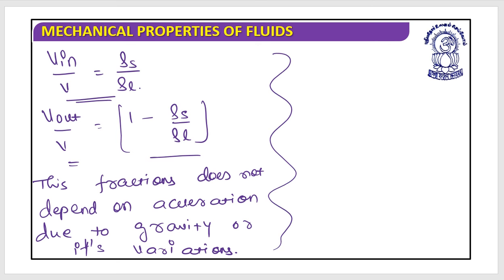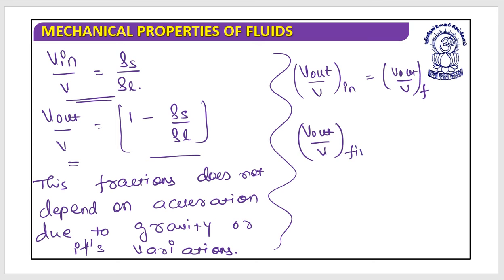So that means V out by V initial should be equal to V out by V final. I hope this is clear. So even after this accelerated motion, it will be 1 by 3. Initially one third of the part was outside, and even afterwards this one third part will be outside the liquid. I hope this is clear.